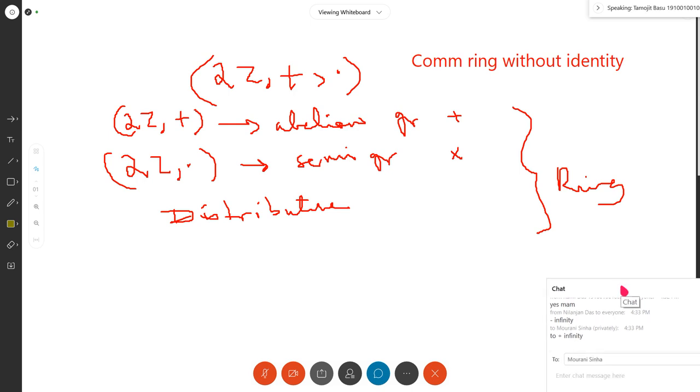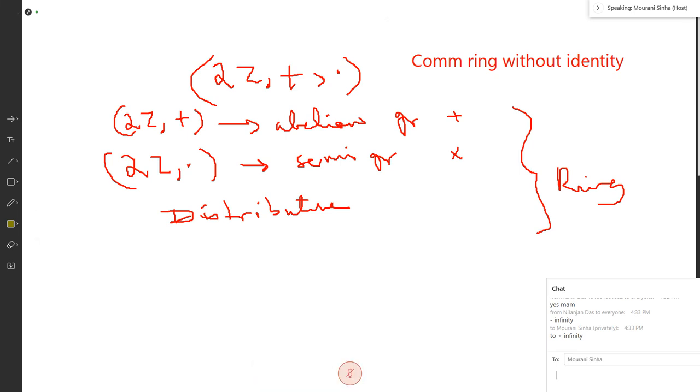Okay, so now first I have to show that this is an abelian group under addition. How will I proceed? So first we have to prove the closure property under addition. Yes. So first we will move with closure property under addition. So, is it closed or not?